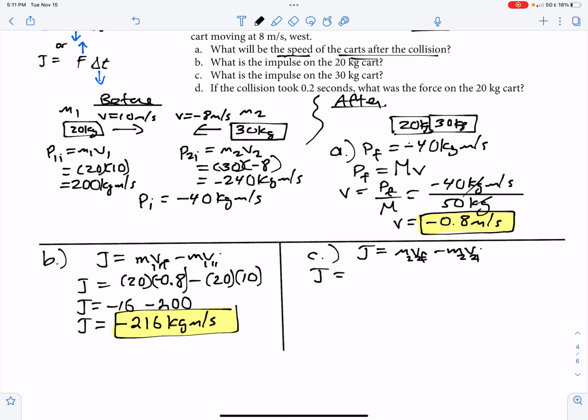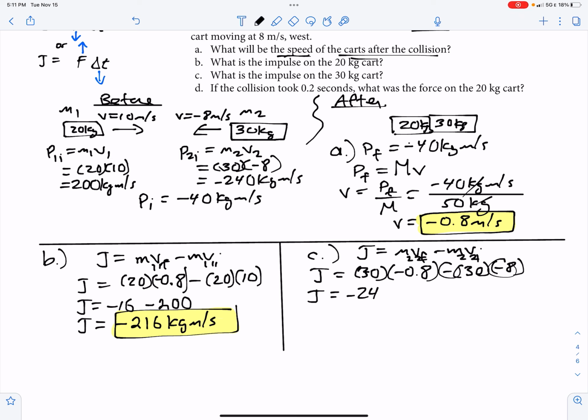So we have a 30 kilogram cart. Okay, its final velocity, negative 0.8, just like the other one, minus, again, 30 times its initial velocity, which was negative 8. Okay, so when we go 30 times 0.8, we get negative 24.